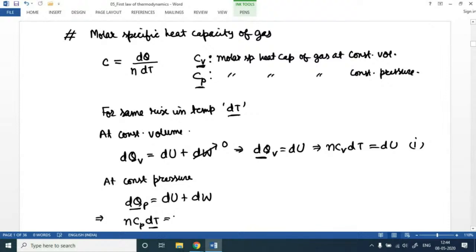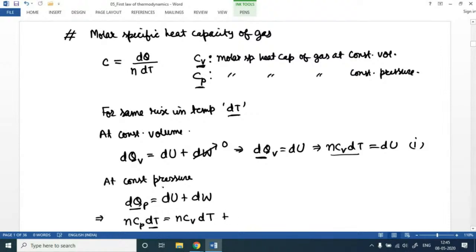And you must understand that change in internal energy depends only upon change in temperature. So for a constant volume process or constant pressure process or whatever the process is, the expression for dU is going to be the same. So that again would be nothing but n Cv dT.